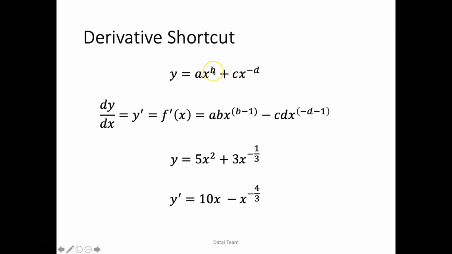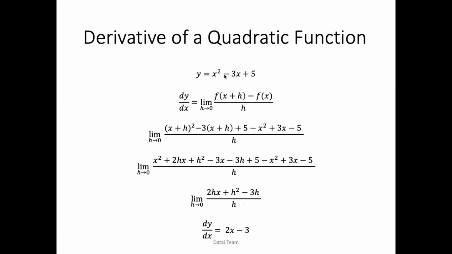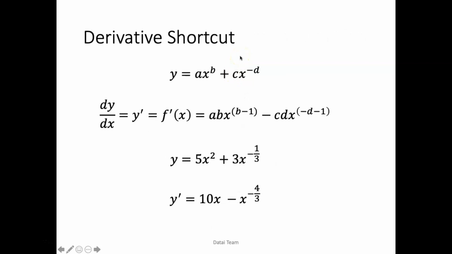As you can see, this value goes here, this value goes here, and then you subtract 1 from both of them. When we look at this one, this value went here, and we subtracted 1, so it becomes 2x, and this is 3x to the power of 1. 1 goes here, and we subtract 1, so this is 1 times 3 times x to the power of 0, which is equal to 3.